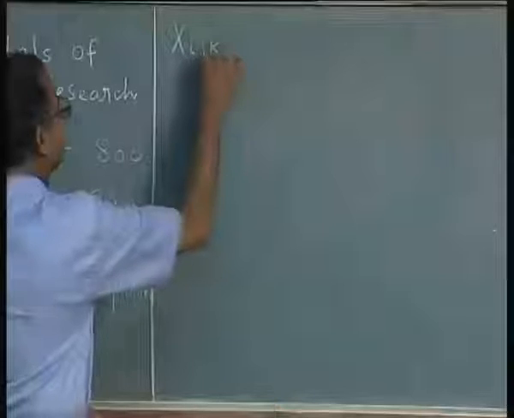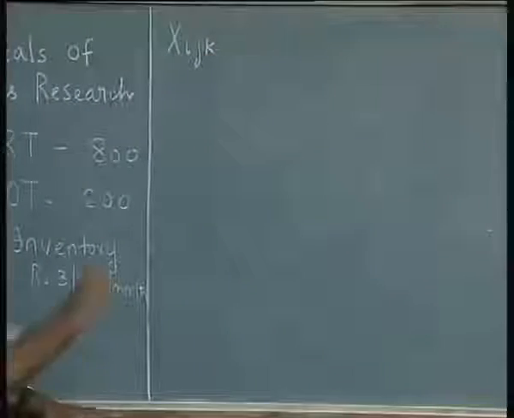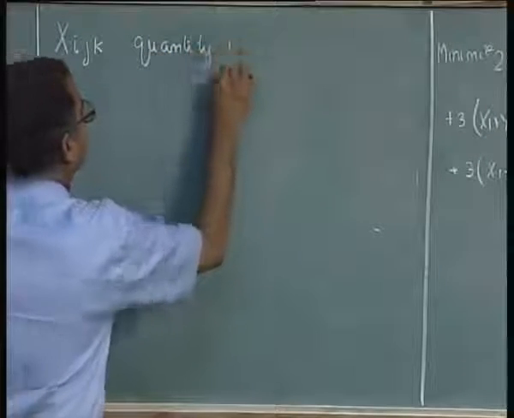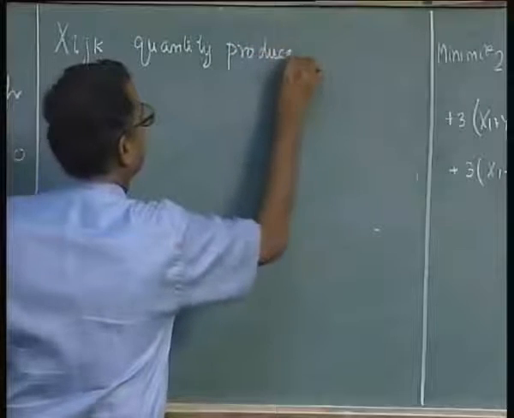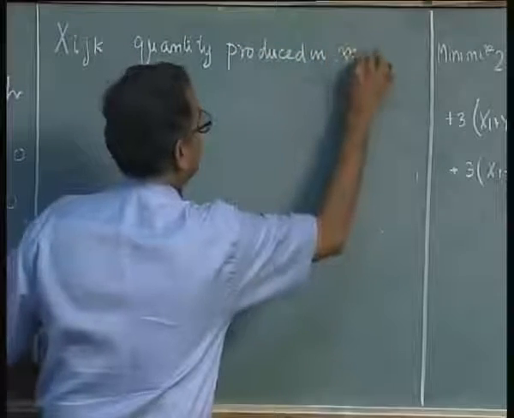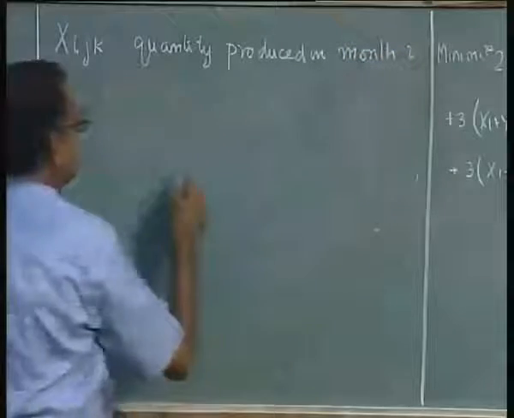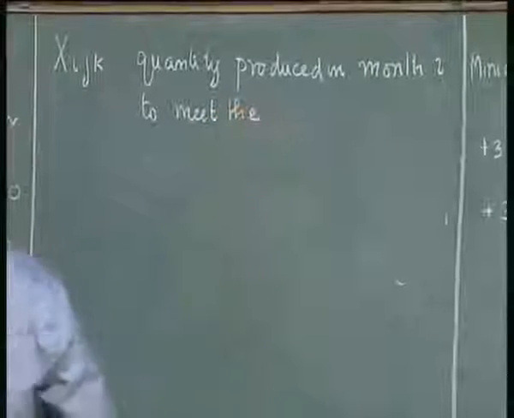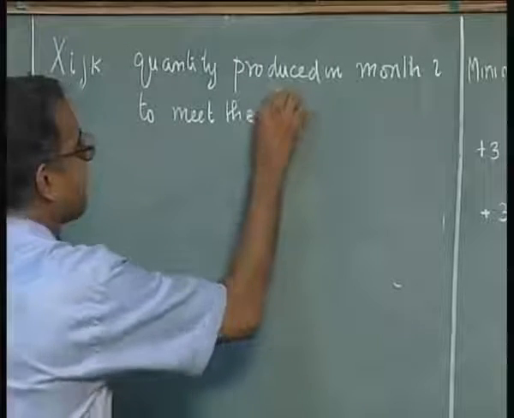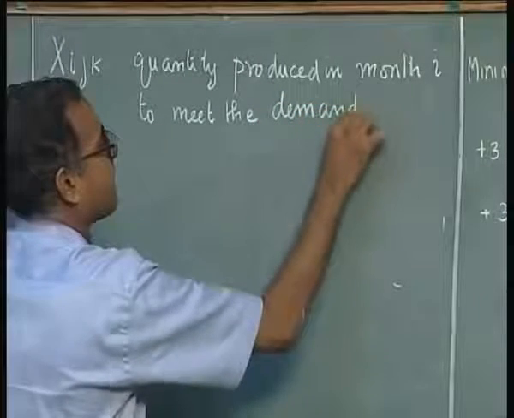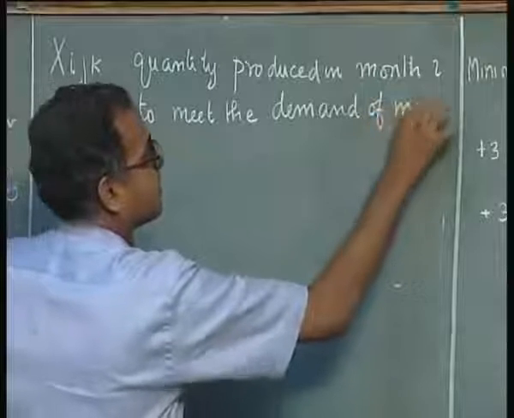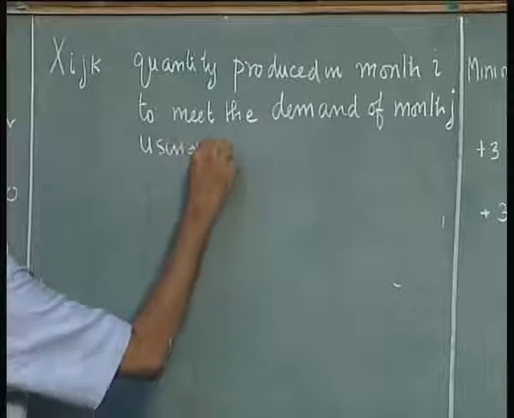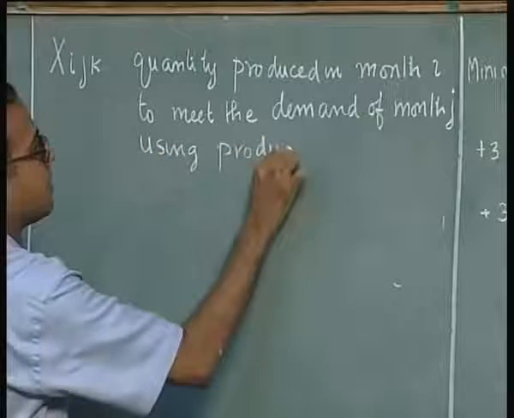x i j k as the quantity produced in month i to meet the demand of month j using production type k.